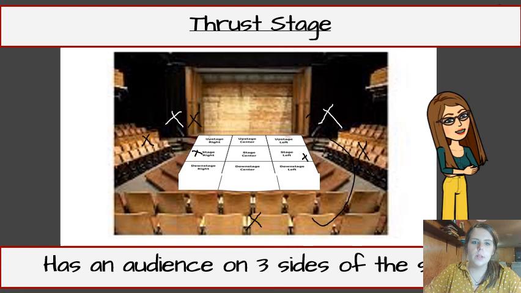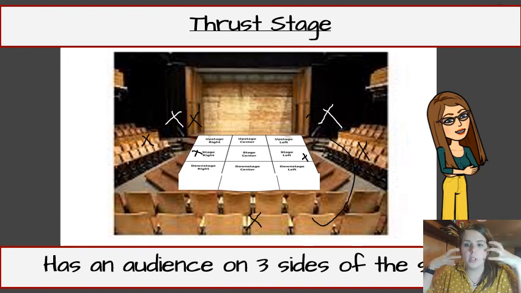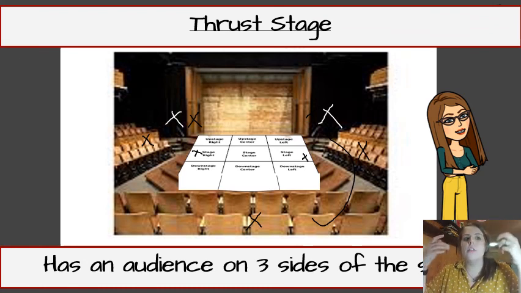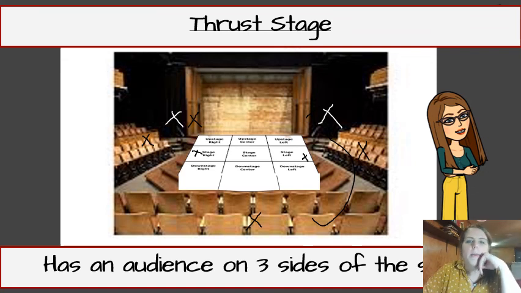Simple enough. This type of stage is super flexible, and it's typically common in black box theaters, much smaller theaters. Our classroom would be considered a black box theater. It meets all the qualifications of a black box. I would love one day to actually have performances in the classroom, but that is a 5-year goal. So that's typically where you would see this type of stage.